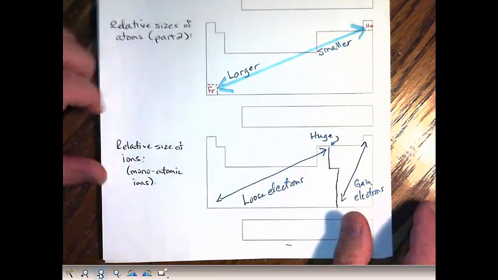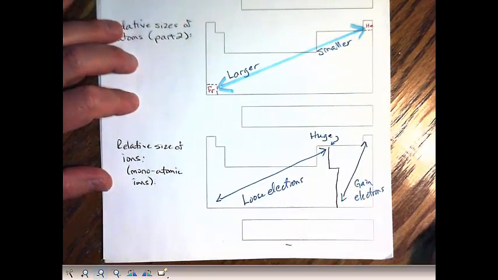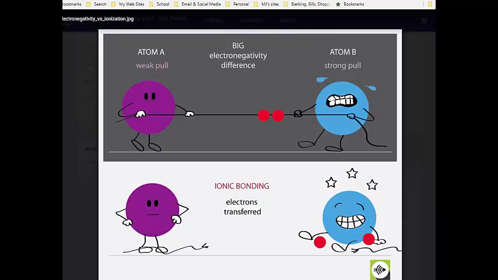All right, we ready to go to the next one? So this next pattern we're going to look at has to do with the way electrons behave in bonding. Actually, there's three patterns we're going to look at that have to do with this.